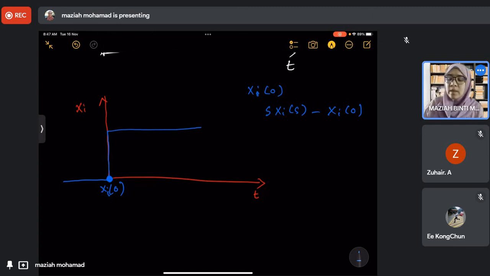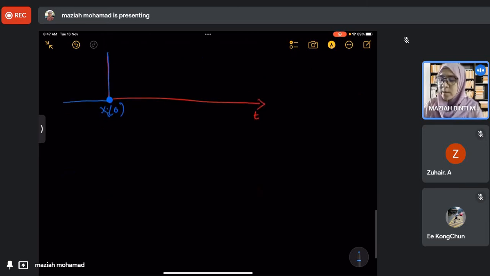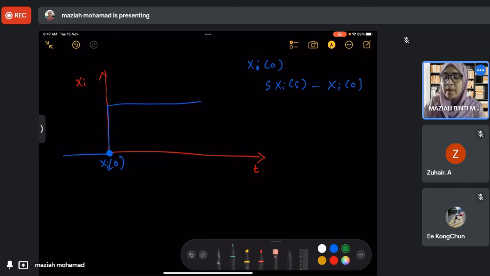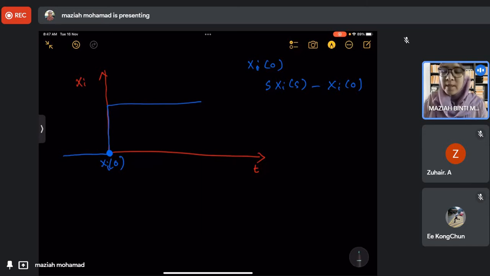You may also have something like this. Let's say this is x naught 0 equal to 0.2.